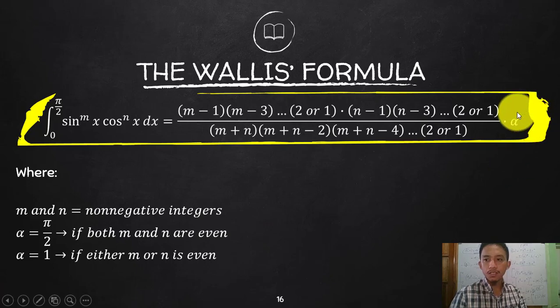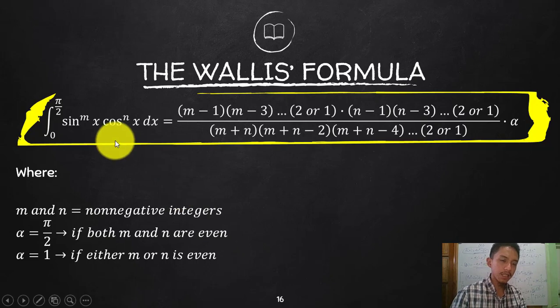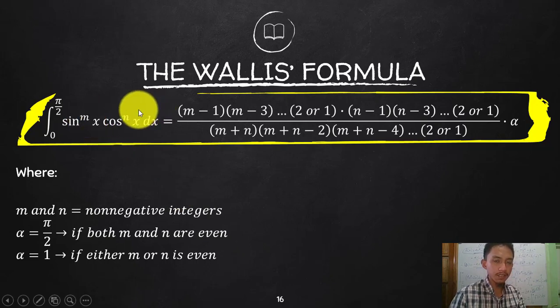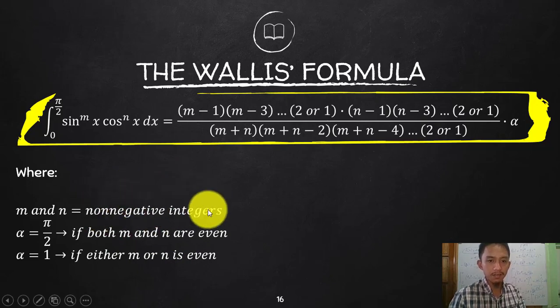Okay, what is that alpha? That is just a multiplier. It's either 1 or pi over 2. That will be pi over 2 if both of them are even. If both m and n are even, then of course positive even, since we are talking here of non-negative integers, or this should be just positive integers. If m and n are positive even, then you will use here pi over 2.